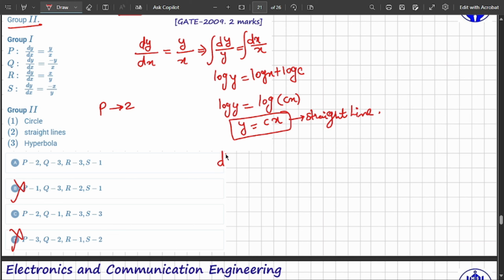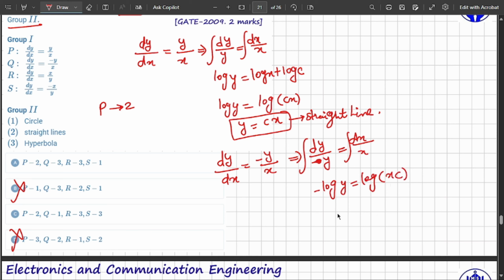Now see another one: dy over dx equals minus y upon x. Taking dy over minus y and dx over x, again it will be minus log of y equals log of x into c. Then this will be 1 upon y equals xc.